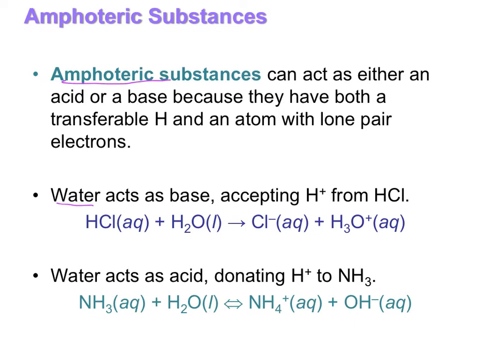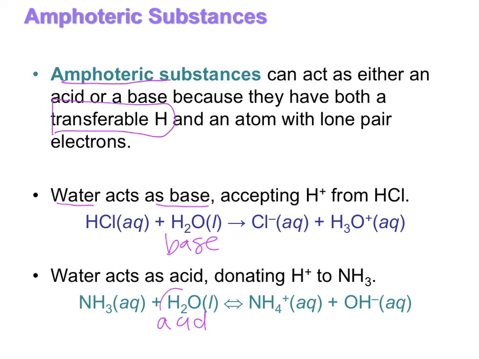So for example, water, it can act as a base. So in this case, it was acting as a base. And in this case, it's acting as an acid. And it can do both things. And there are other substances that can also do this. And this is due to the fact that one has a transferable H it can give away.